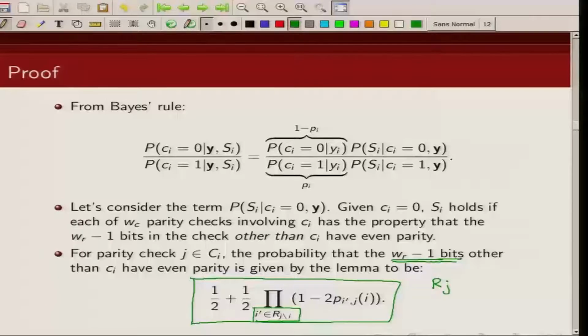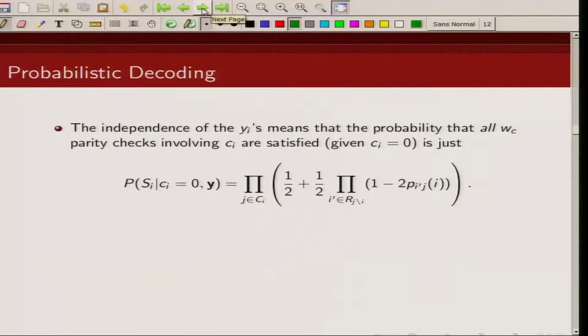Rj will tell us the jth parity check equation, and Rj minus i, where i is the Ci bit that is involved, and this is minus i. So the other bits other than Ci which are participating in the parity check constraint, product of this, I mean they should add up to have even parity. So this is a set where Ci is participating in a parity check constraint. So other than Ci, other bits have even parity, that is captured by this particular set, and this should hold for all parity check equations involving Ci.